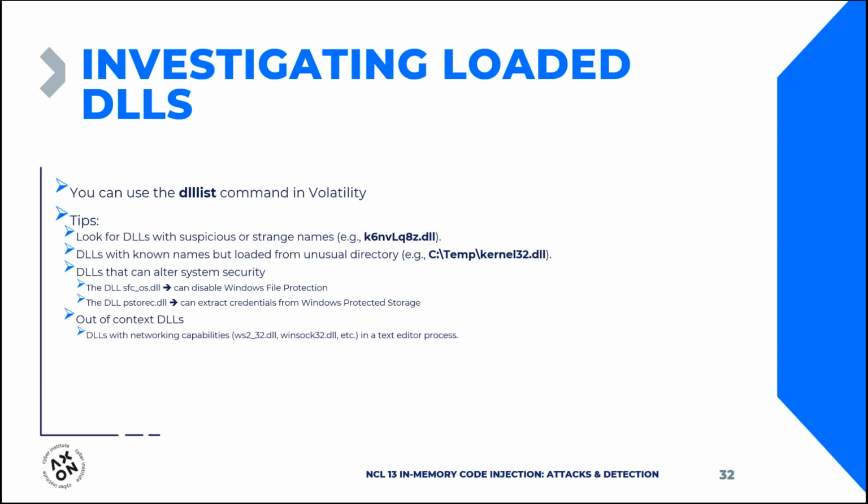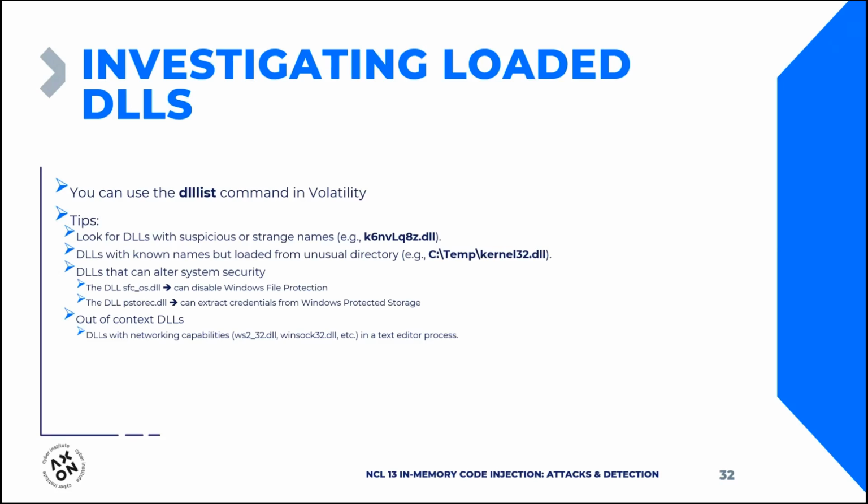So if you use Volatility, just like we explained in the previous webinar, we have a command called dlllist, okay? And it will simply print the list of all DLLs associated with every process or with a single process that you specify.